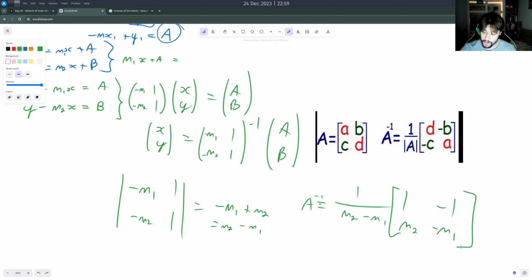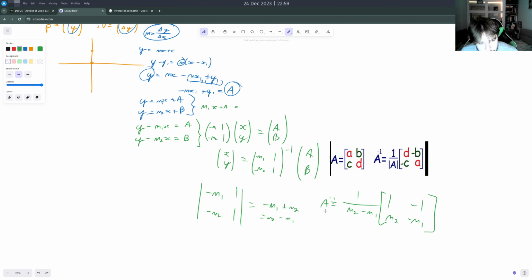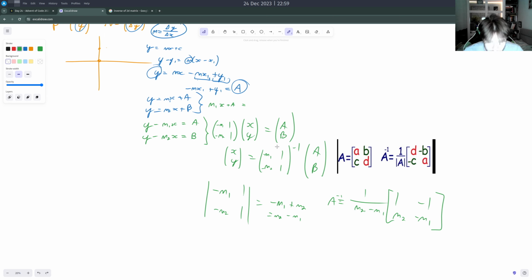Doing it for 3 dimensions is a real pain, to be honest. From what I remember, and I will obviously just copy it from somewhere, I do not remember that by heart. We will do this, and from there we can solve the system of equations, and we can see if it even has a solution, because it might not.